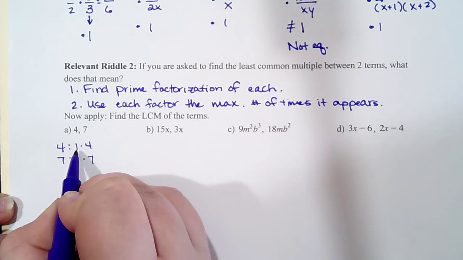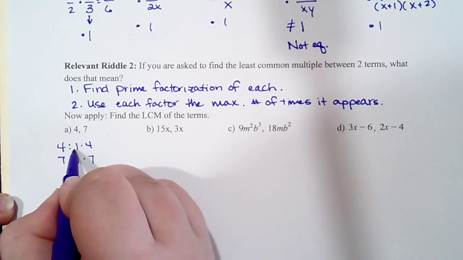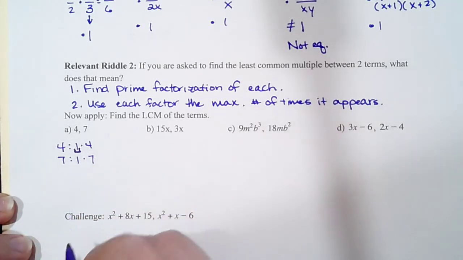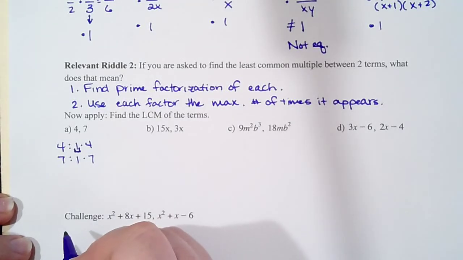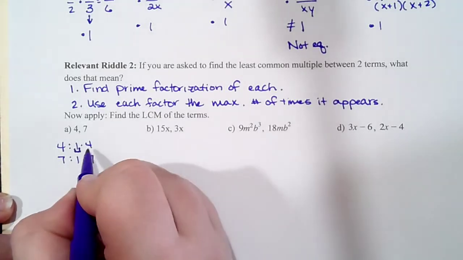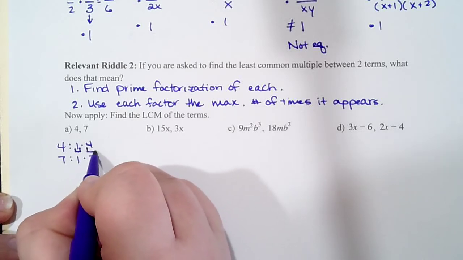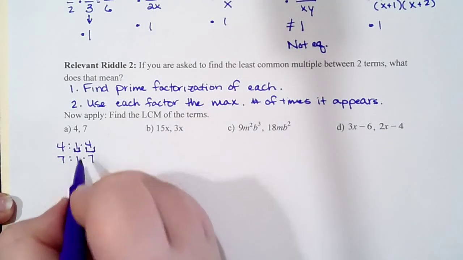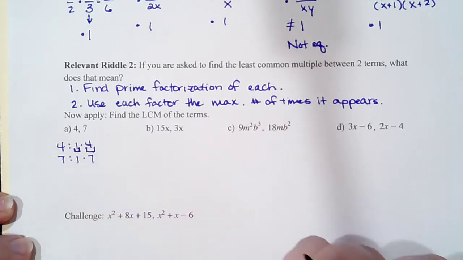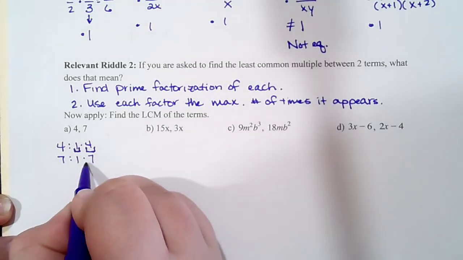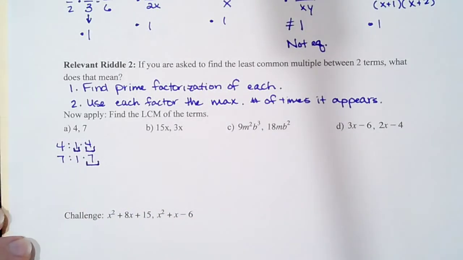1 is a factor of both. The maximum number of times it appears in 4 or in 7 is just 1 time. We've already used a 1, so we're not going to use it again. The max number of times 7 appears is once in both 4 or 7.